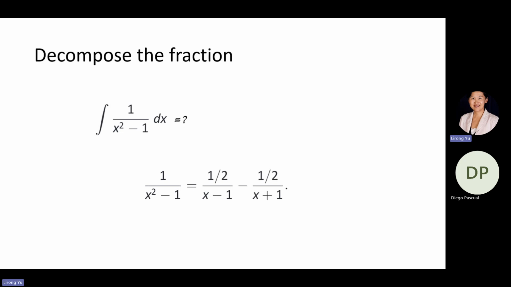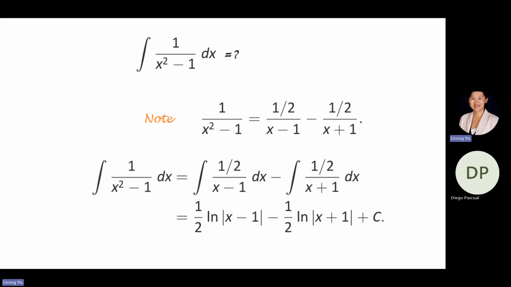If you're integrating each one of these, the big integration becomes subtraction of 2 smaller integrations. Each one of these individually is degree 1, so if you're integrating this, it's a natural log. So the original question becomes subtraction of 2 integrations.